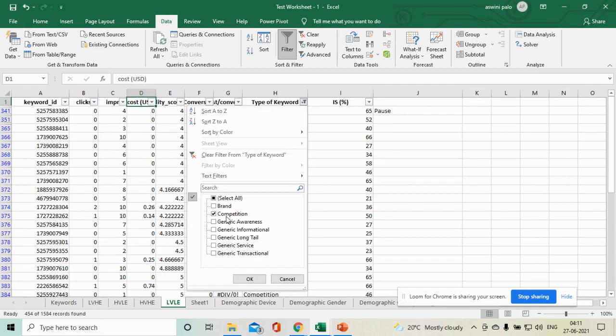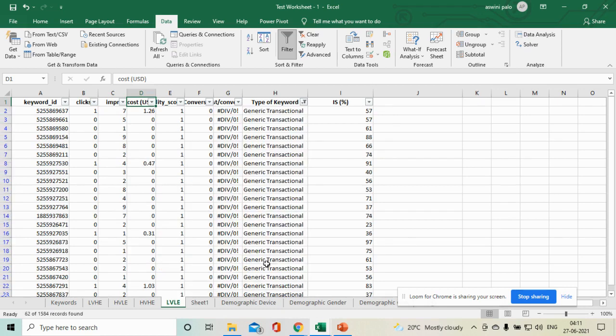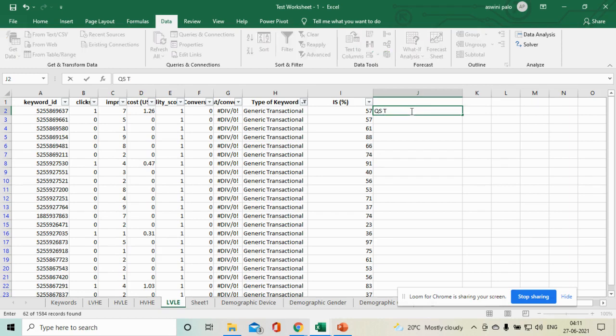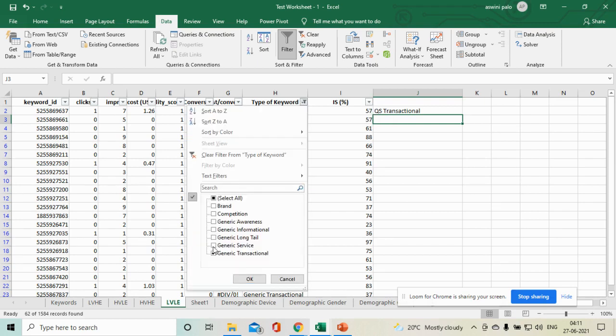Now, coming to generic. So check for transactional keywords. Okay. Now improve quality score of transactional keywords. Okay. For the rest, what you can do, you need to check the conversion path, whether these keywords are playing an important role in conversion or not.